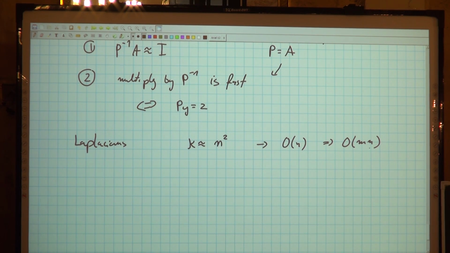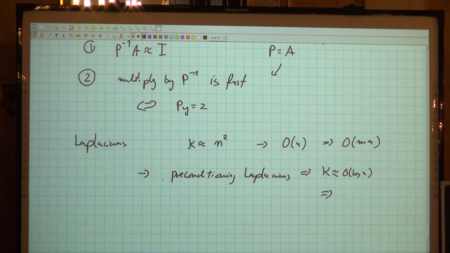Now the whole idea to get nonlinear time is that there are ways of preconditioning Laplacians that change the condition number to be logarithmic.